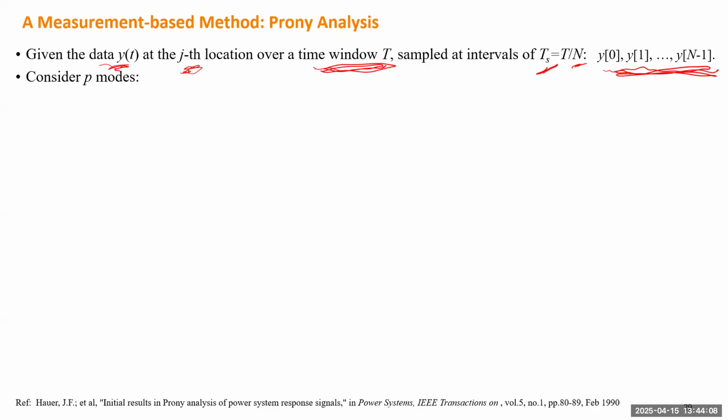It just captures the most dominant modes. All right, so you can assume the measurement data can be constructed by the P modes. Each mode will have amplitude bi and also the exponential function about some complex eigenvalue, which corresponds to this damped sinusoid.